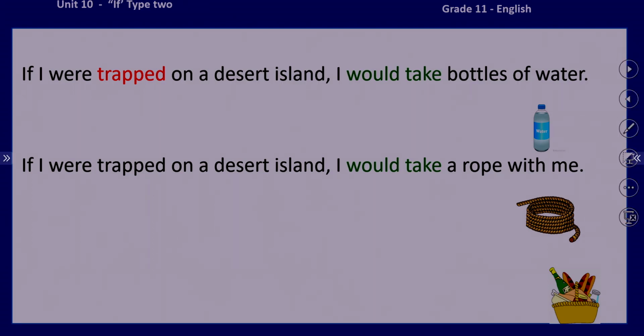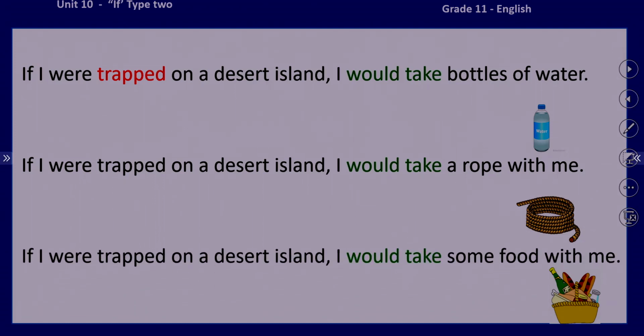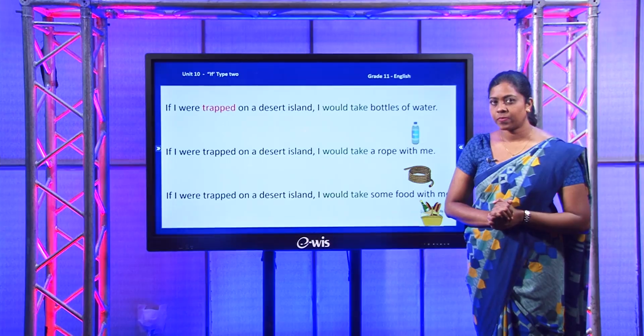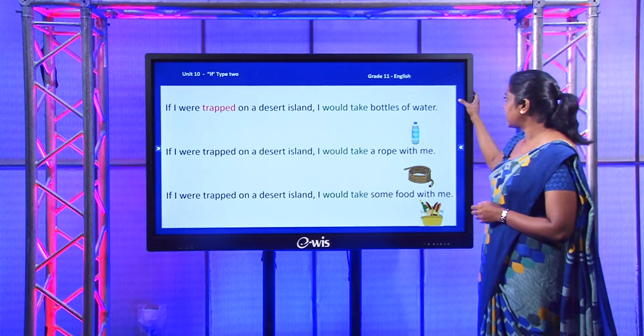So how would you put that into a sentence? Very good. If I were trapped on a desert island, I would take some food with me. Hope you observed the sentence structure. If I were trapped, I would take. Clear? Right.